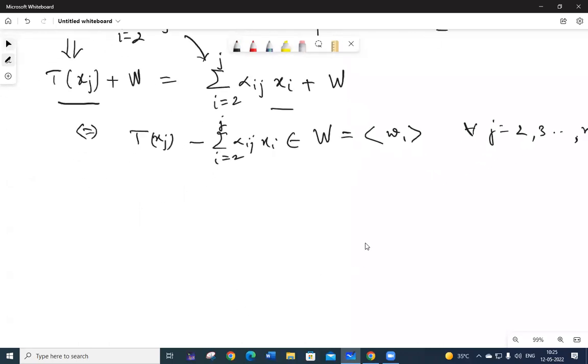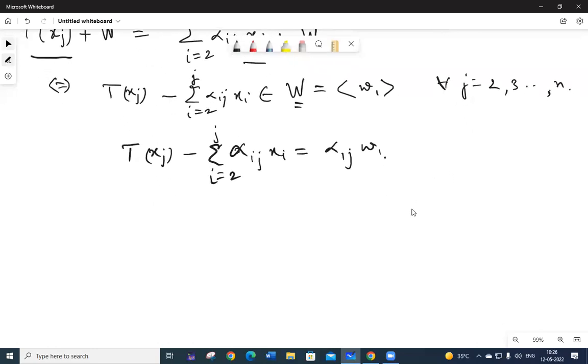And this last equation provides me T x_j minus summation i running from 2 to j of alpha_ij x_i. This is none other than alpha_1j W1, because this is an element of W, and W is generated by W1.